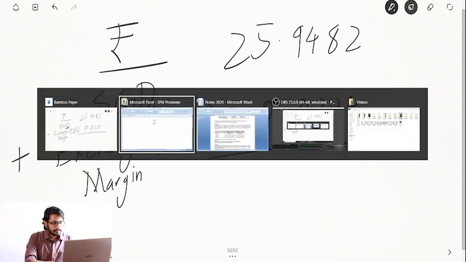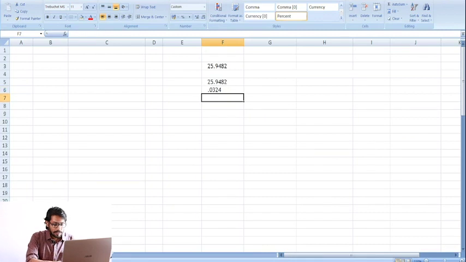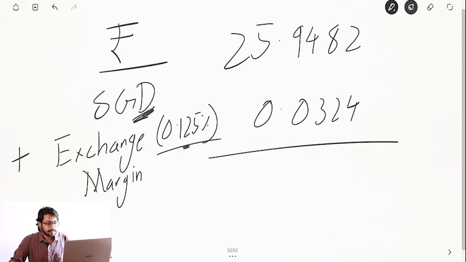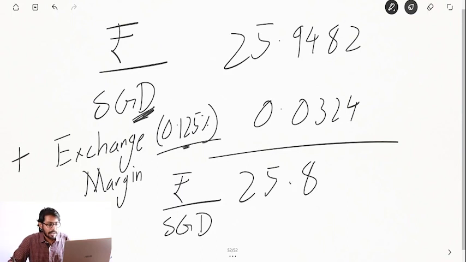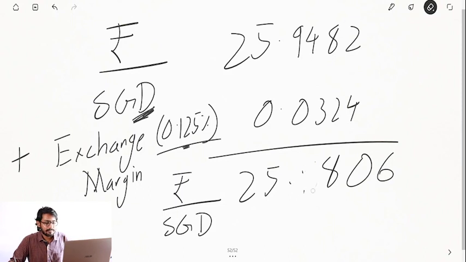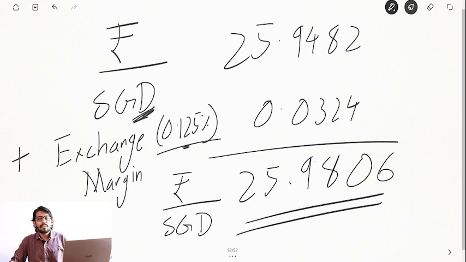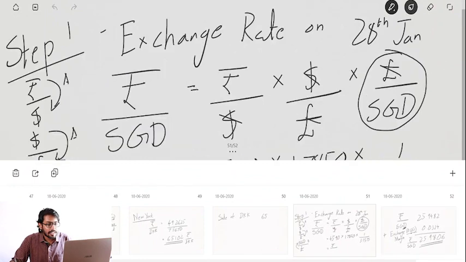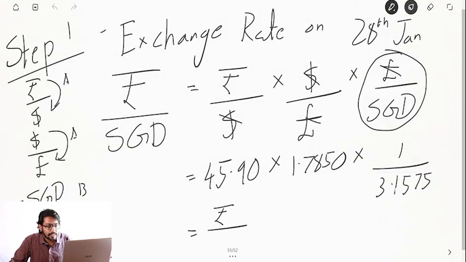You will get 25.9482 plus 0.0324 is 25.9806 rupee by Singapore dollar. 25.9806. Instead of 9 I wrote 8. Don't worry, it happens. Everybody makes mistakes. You should correct your mistake at the earliest. That's the most important thing. 25.9806. Okay, this is the situation on 28th January.